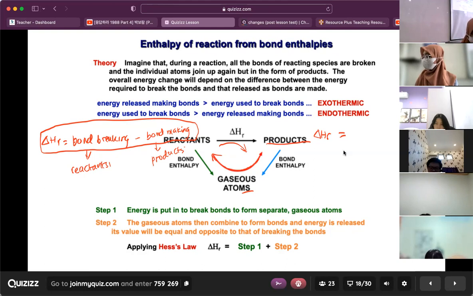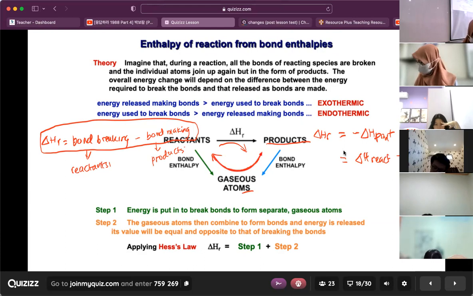So forming means negative delta H of product, plus the bond enthalpy change of the reactants, so delta H of reactants. So here is the product. So that's why the bond enthalpy is delta H of reactant minus delta H of product.